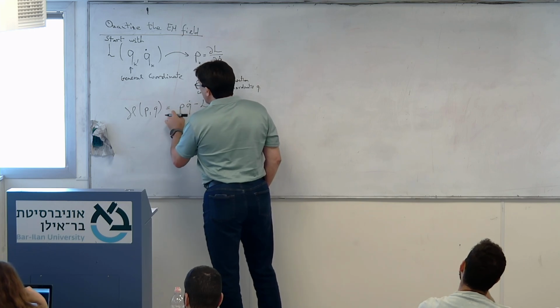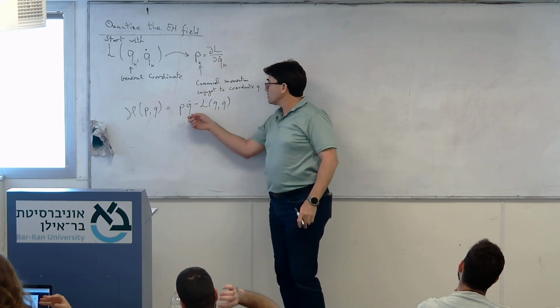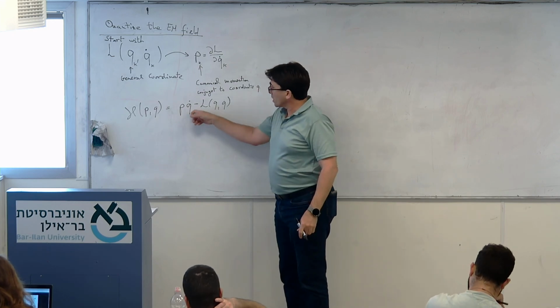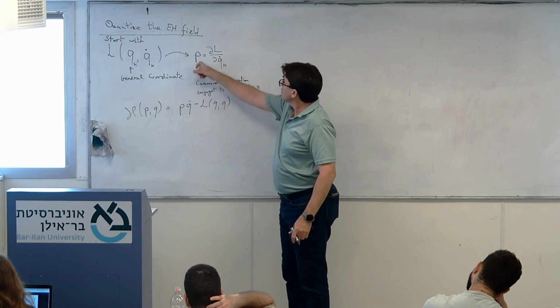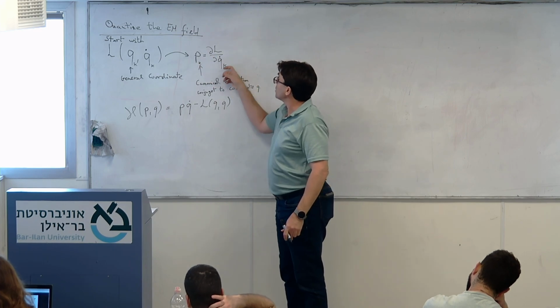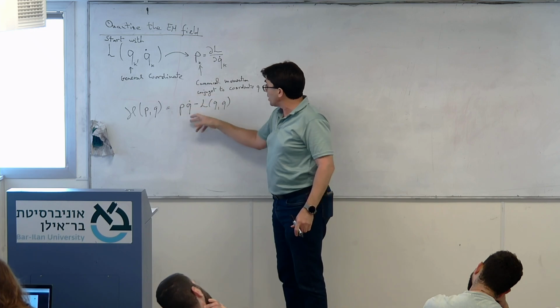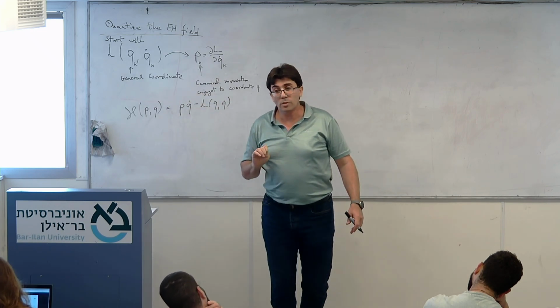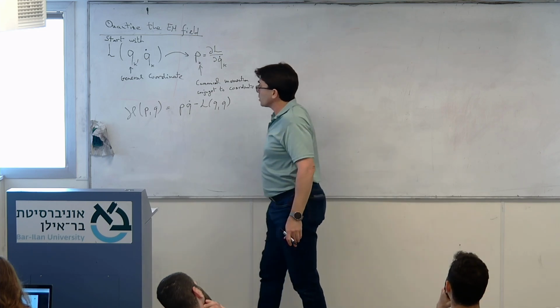And then we will get the Hamiltonian. Of course, the process is, when you do that, you use this relation to express q_k dot using p_k and eliminate it from everywhere, so that you will have an expression of p and q that does not have q dot.